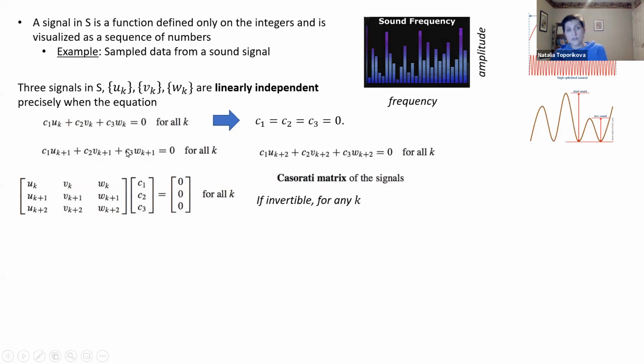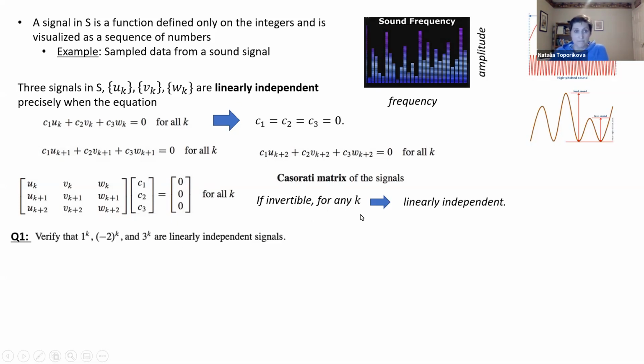Of course, since we're talking about linear combinations, we can always invoke our invertible matrix theorem. Remember that the linear independence property and invertibility go together. So if the matrix is invertible, then our signals will be linearly independent.